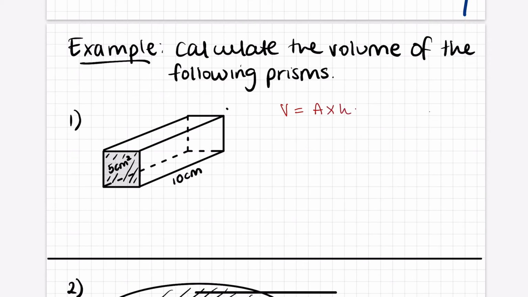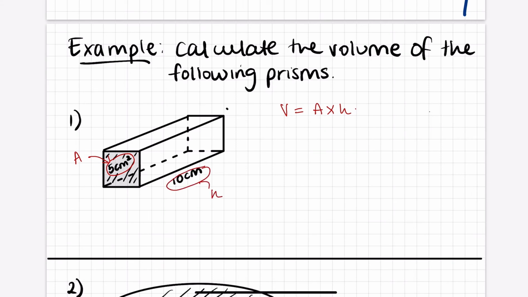Our area is usually in centimeters squared, meters squared, or square units. So that means this one here is our area. Okay, and then our height is in just general units, centimeters, meters, millimeters. So that is this one here.